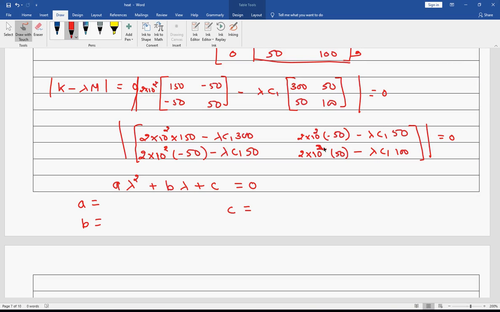Has anybody got the value of a? Again, what you could do, minus common factor you cannot take.